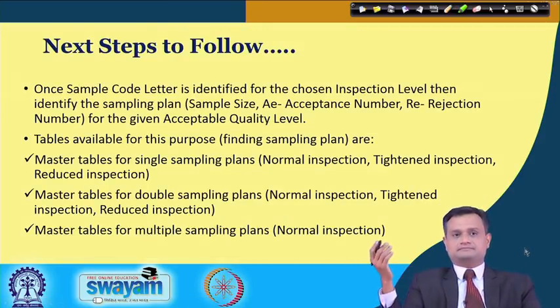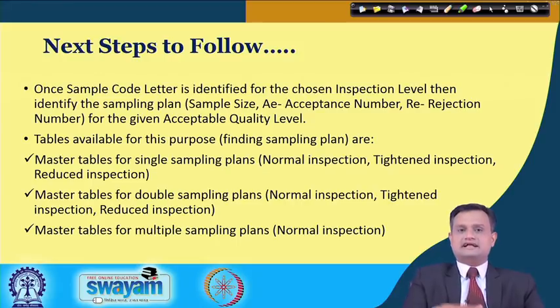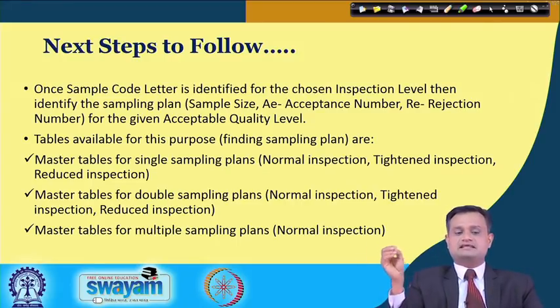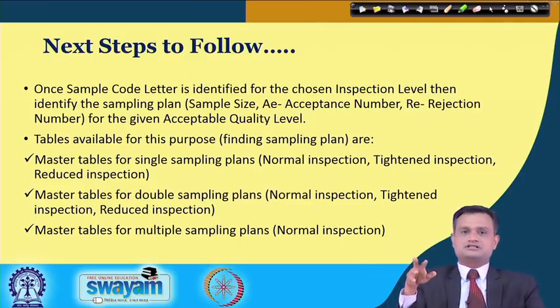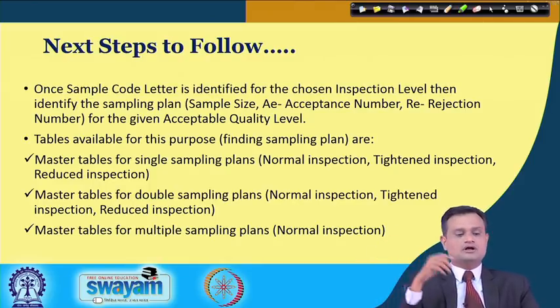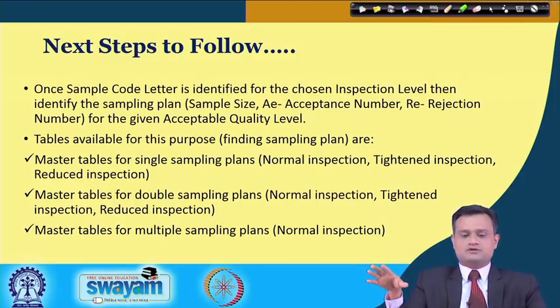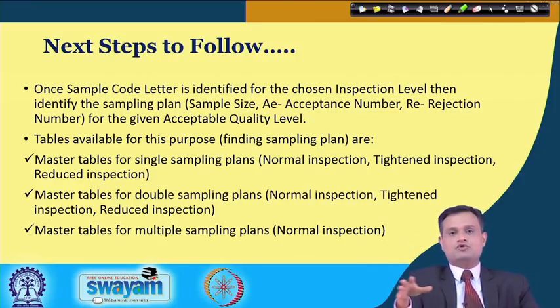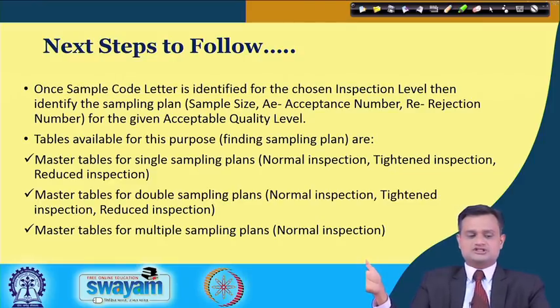Now what is to be done? Once the letter code is identified for the chosen inspection level, then identify the sampling plan: sample size, acceptance number, rejection number for the given acceptable quality level. Tables are available for this purpose and you will find them in the book by Mitra and other suggested books.